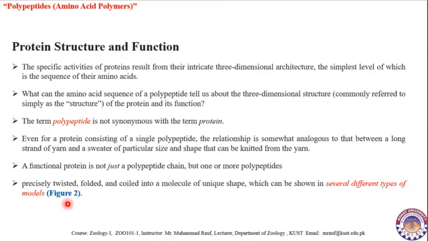So a functional protein is composed of different types of polypeptides, where these polypeptides are twisted, folded, coiled in different unique ways. So in our next slide, we will study different types of models of proteins, which will give you an idea about their structural diversity.